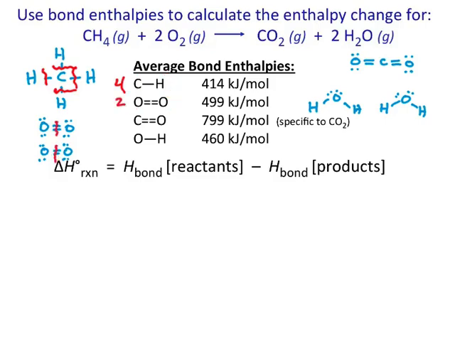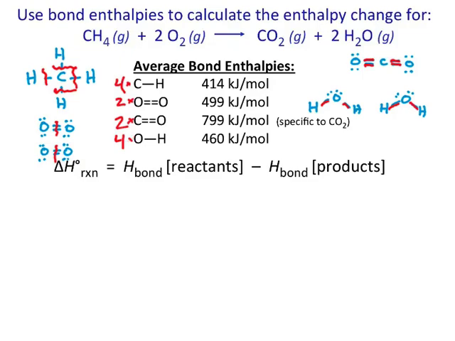And then on the product side, you're going to make 2 C double bond O's right here and right here. So there's a 2 in front of here. And then you're going to make 1, 2, 3, 4 bonds between oxygen and hydrogen. So now when you go and write this out, you're going to use these values. 4 times carbon-hydrogen, 2 times oxygen-oxygen, 2 times the CO bond, 4 times the OH single bond.